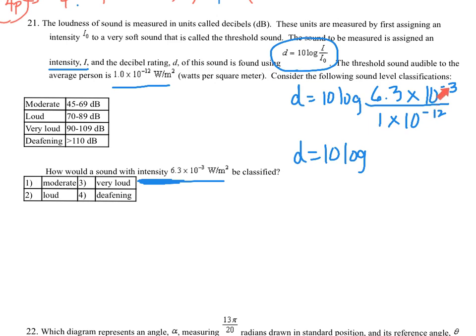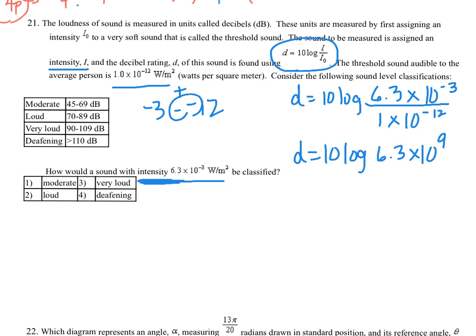And since I'm dividing, I would subtract the exponents. So 6.3 divided by 1 would be 6.3 times 10 to the, and I'm going to write this off to the side here, negative 3 minus negative 12, which is going to give me 9. So that's times 10 to the 9th.